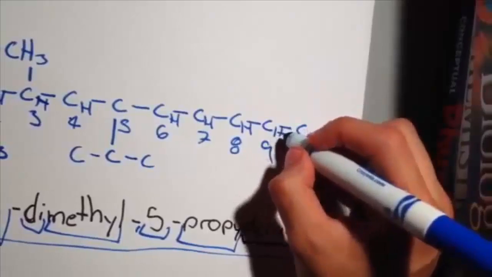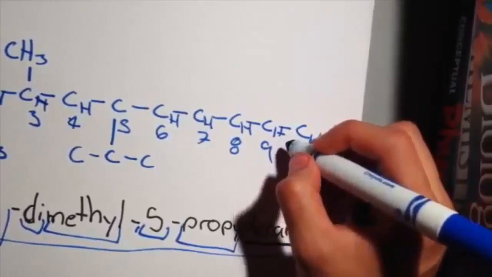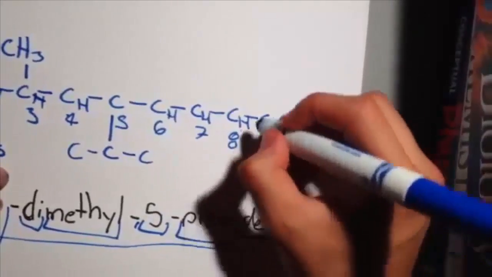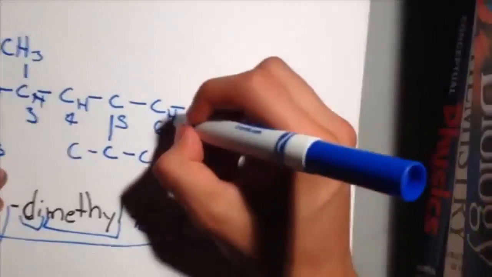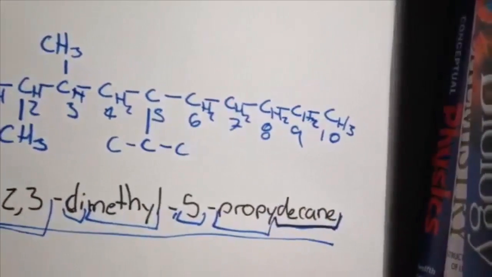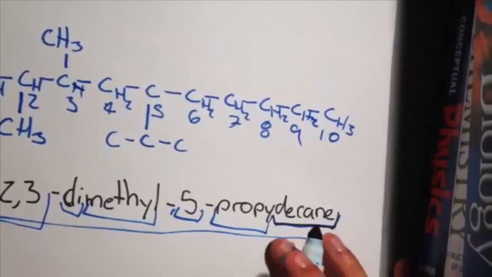This is how you can draw the structural form of an alkane, and you only add the H and the numbers.